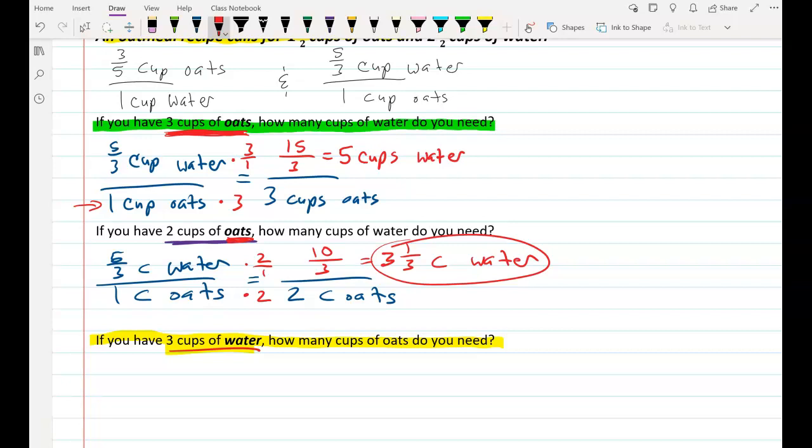We'll set that one up. We'll start it here. It is water, 1 cup of water in the bottom, and that was 3/5 cups of oats. Now, we want to turn that into 3 cups of water.